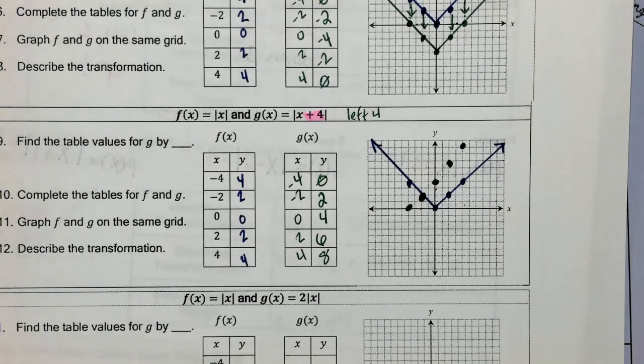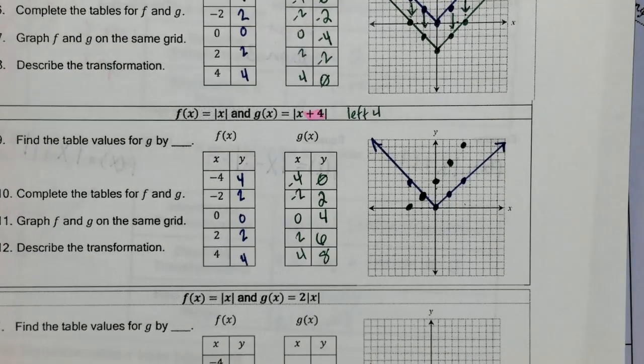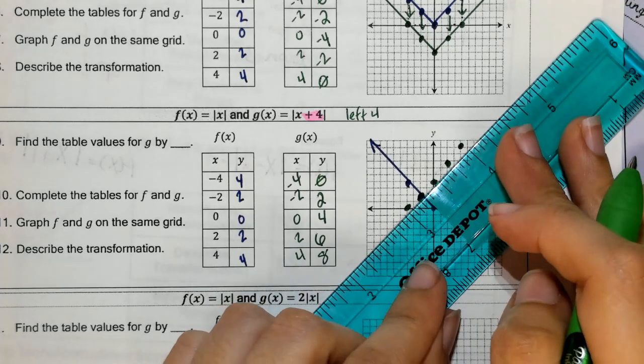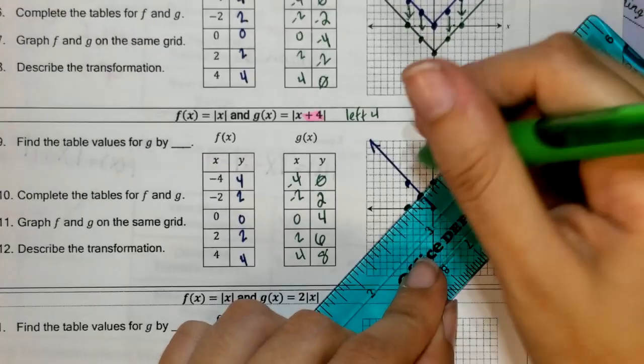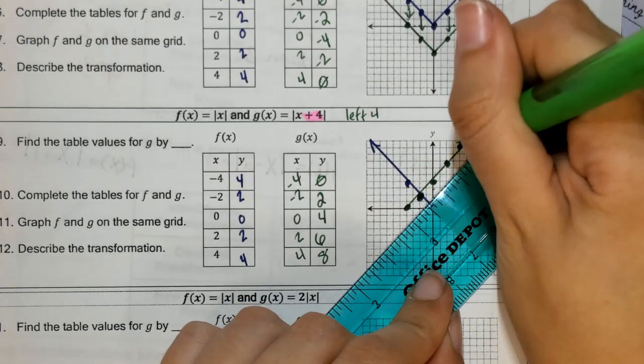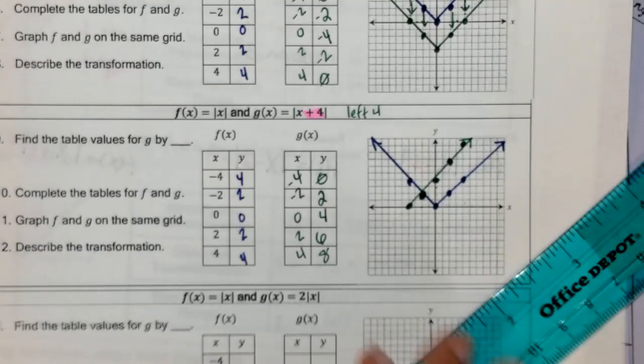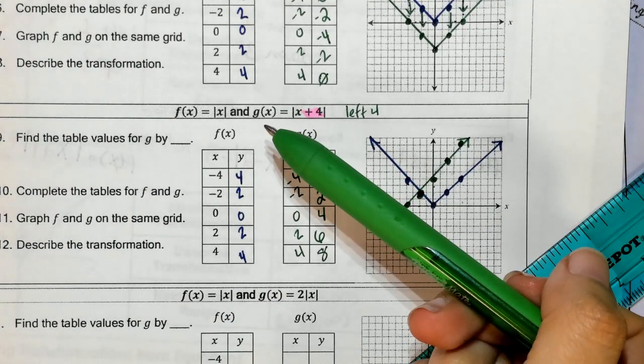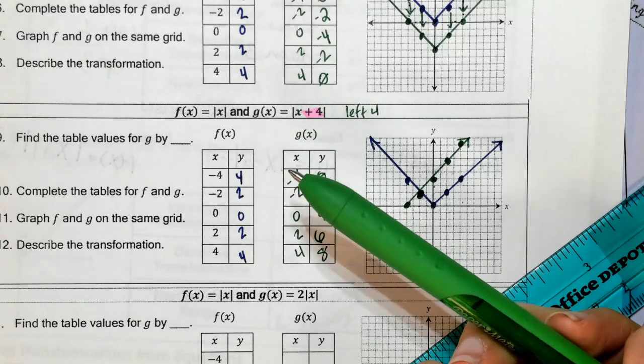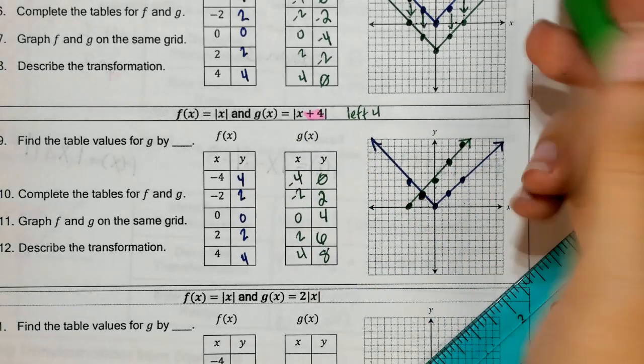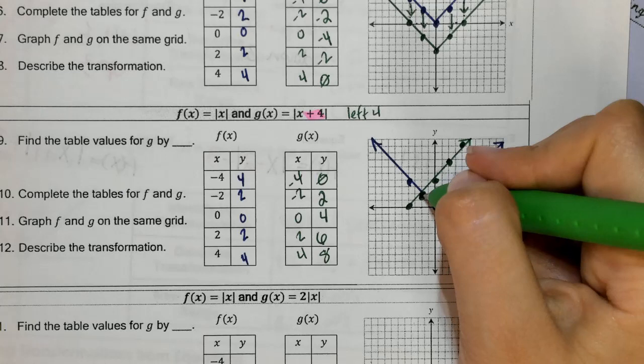Now you might be saying, hey, what happened to my V shape this time? Well, we didn't choose the correct points, so we're missing the other half of my V. But I can figure out what it's going to be because everything is going to go left 4.